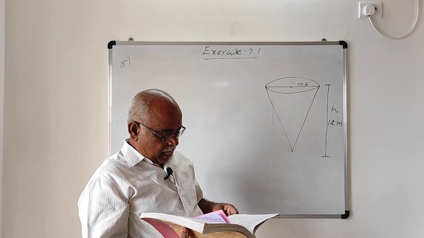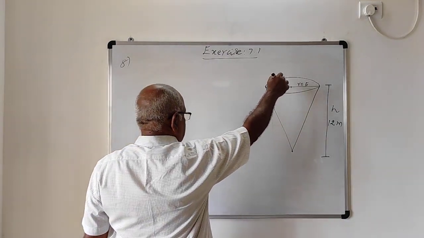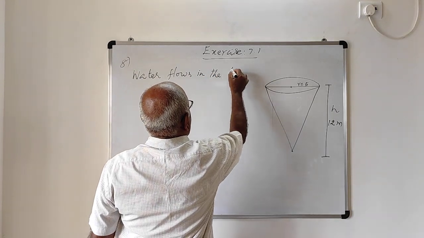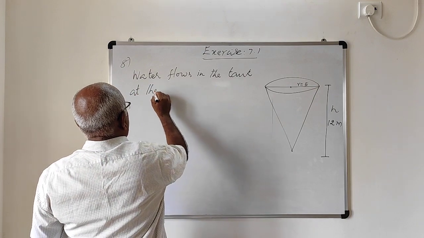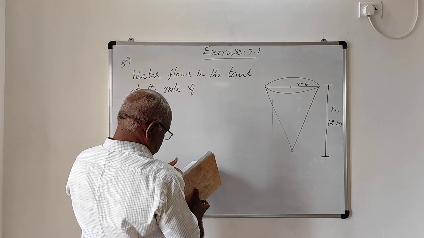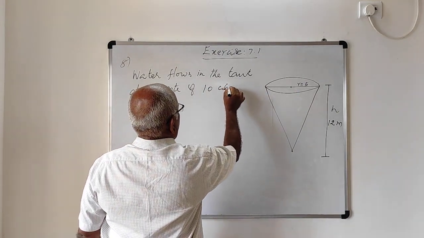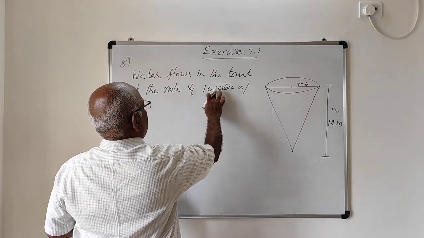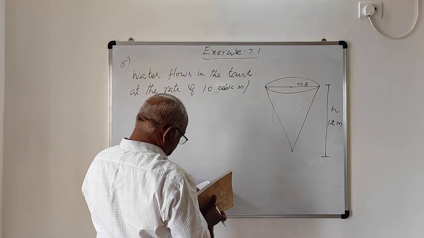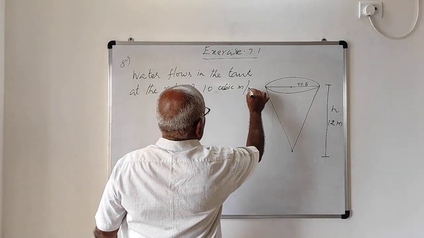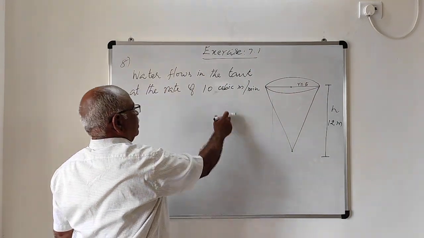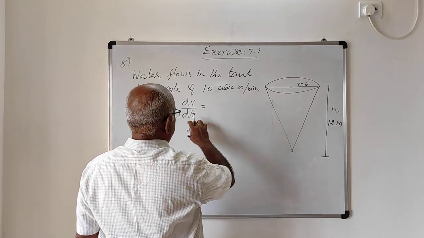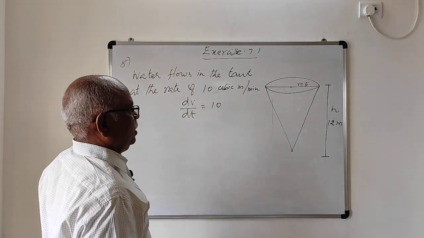If water flows into the tank at a rate of 10 cubic meter per minute, that is, the volume of water flowing into the tank, dV by dt, is 10 cubic meter per minute. It is given in the book.